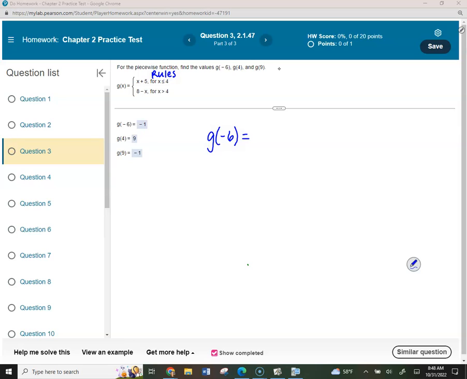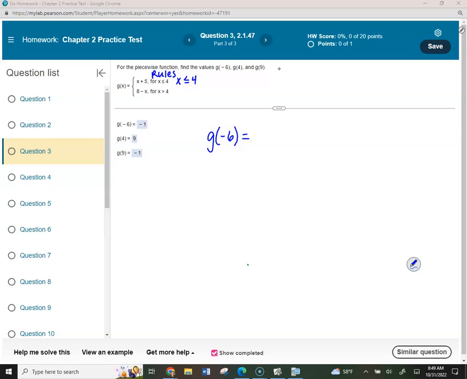You got to look at which rule -6 fits in to know which equation to plug it into. -6 falls in this rule right here where it says x is less than or equal to 4. You just replace the x with the number you're plugging in and ask yourself if that's true or false. If it's true, then that's the equation you use. If it's false, it means you don't use that equation.